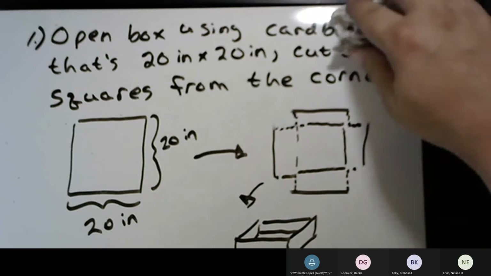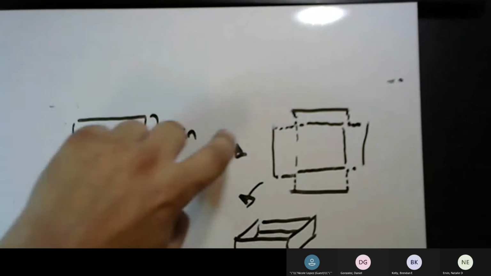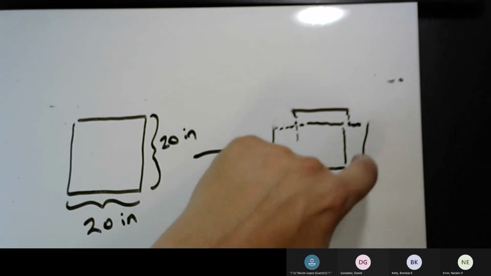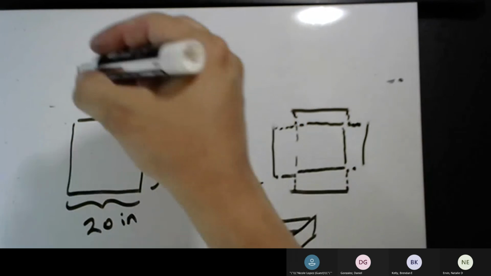Now the question we're going to ask: how big should these squares be to maximize the volume?